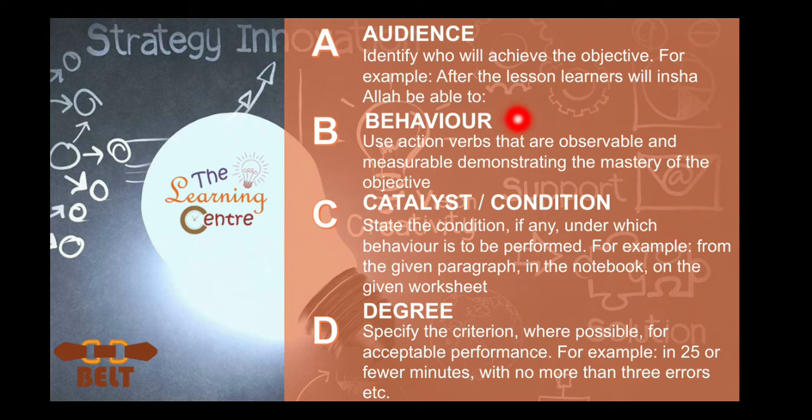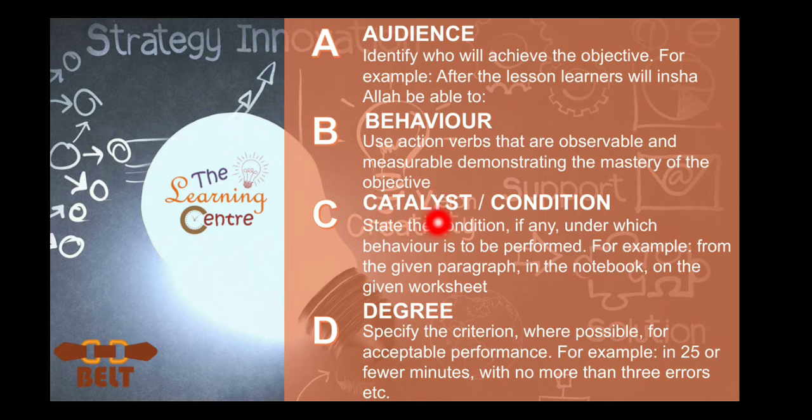For that, you need to use a verb which you can actually see. The students will be able to tell the definition, write the definition, so you can see writing, and when they tell the definition, you can hear it, you can measure it. So you should use a verb which can be seen and measured.